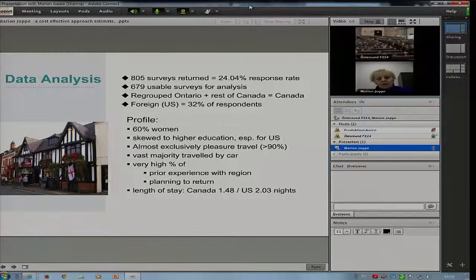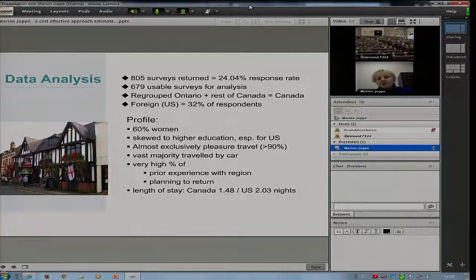So finally, we had 805 surveys, which was a 24% response rate. Pretty amazing when you consider it is an online survey that required about 10 minutes of people's time to fill in the spending information. We were able to have almost 680 usable surveys that we were able to analyze.